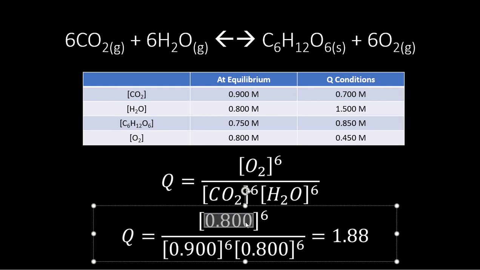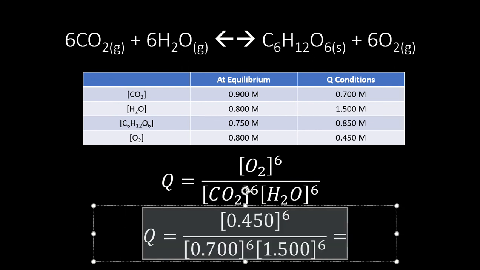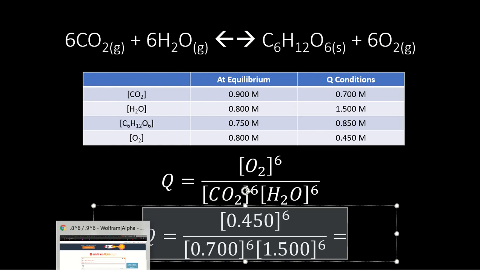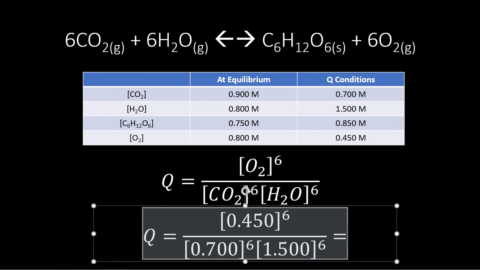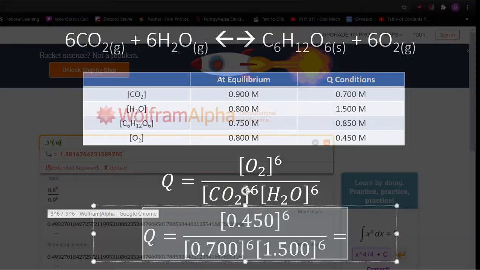Oxygen would be 0.450 molar divided by molar, and carbon dioxide would be 0.700 molar per molar, so molar cancels out, and then water, which we are now factoring in, would be 1.500 molar.